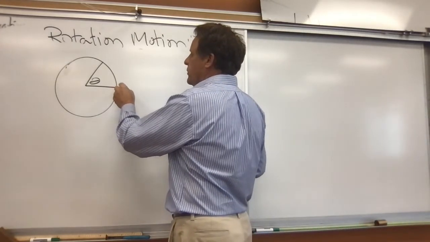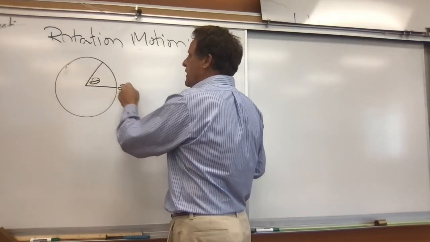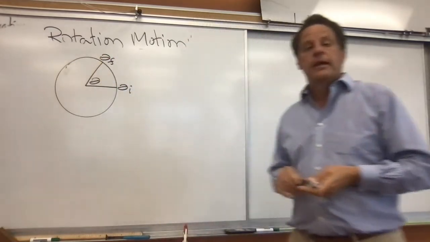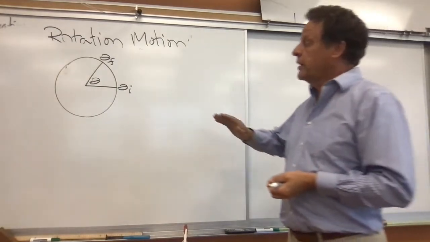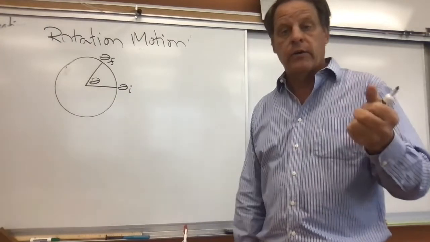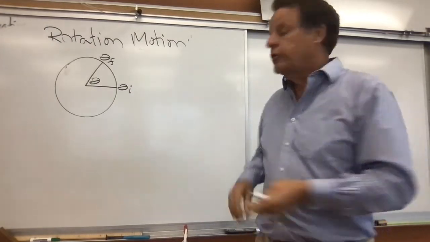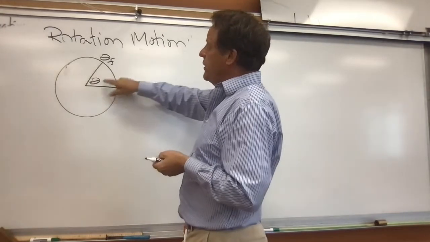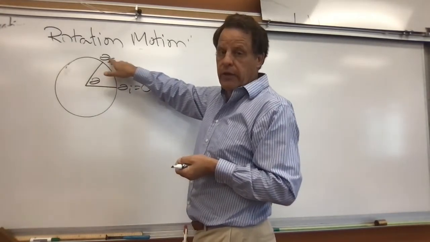This would be theta initial, and this would be theta final. Usually we don't start out with 3 or 4. We usually start out with this being, let's say, 0, and therefore theta would be equal to theta final.